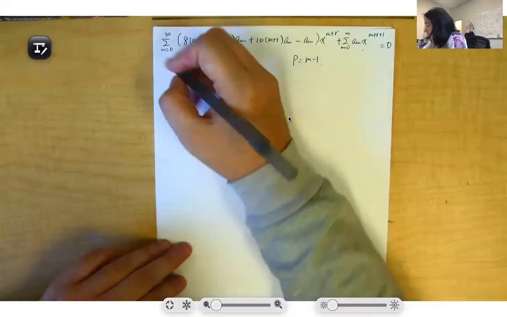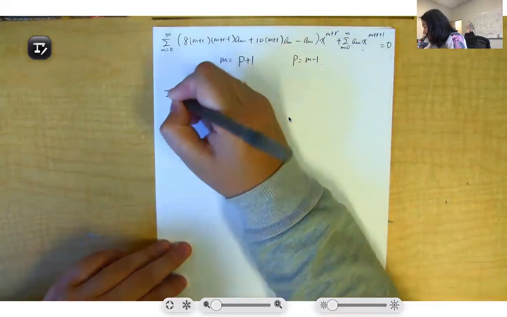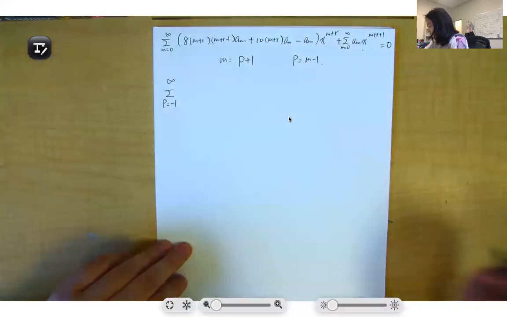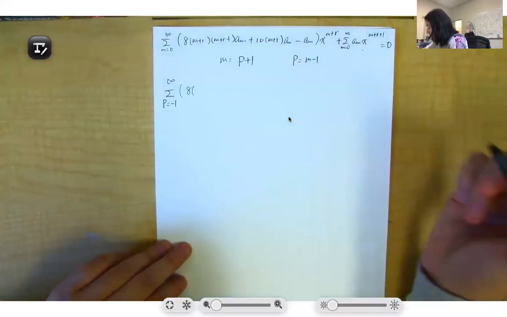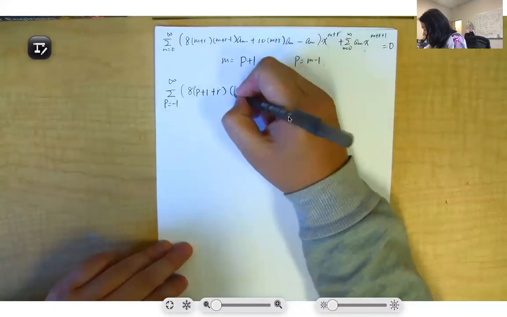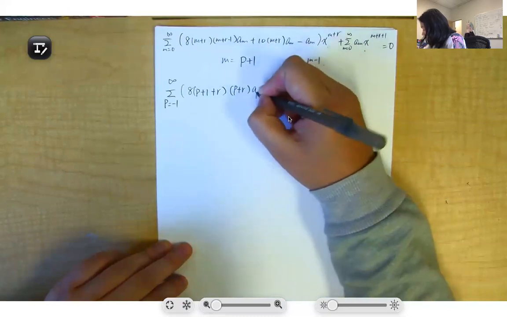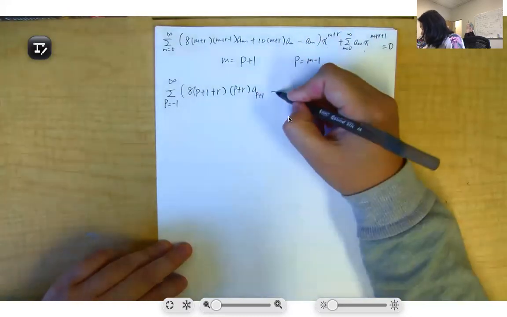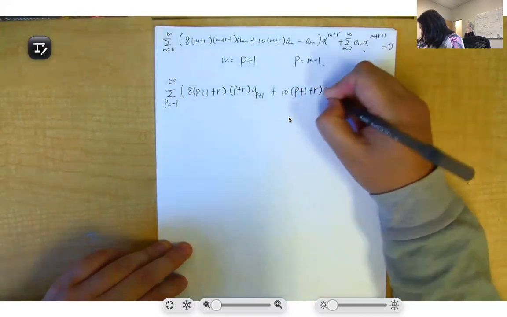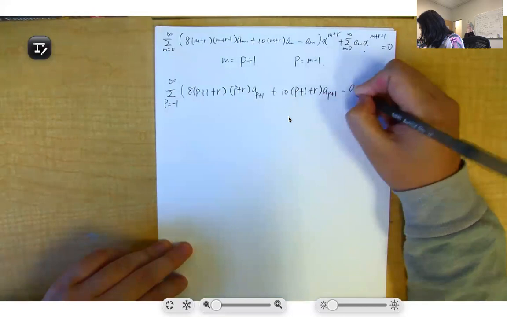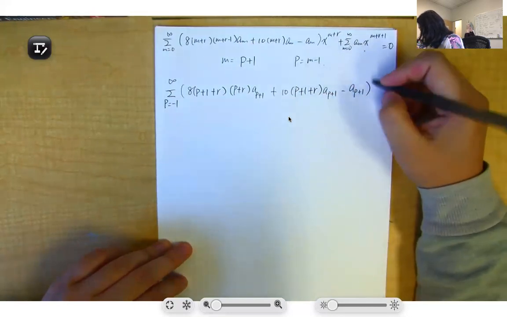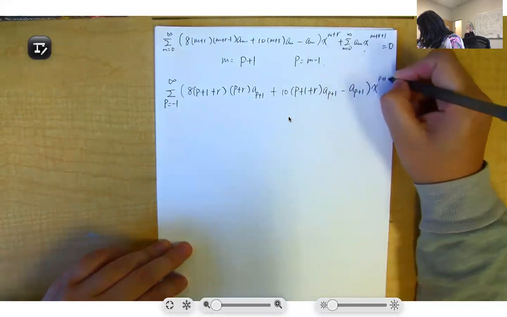So it starts from p equals minus 1 going to infinity, and 8 times (p plus 1 plus r) times (p plus r) times a_(p+1), plus 10 times (p plus 1 plus r) times a_(p+1), minus a_(p+1), times x to the p plus 1 plus r term.